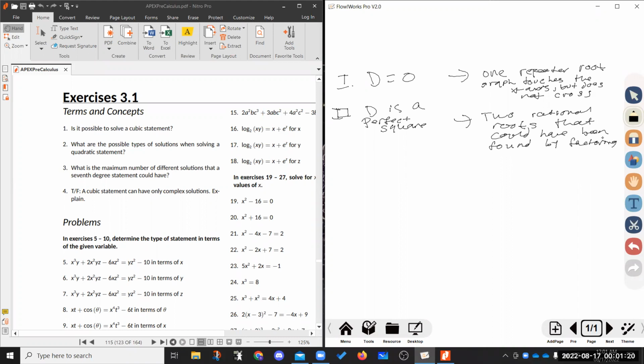And this is going to give us 2 distinct rational x-intercepts that the graph will cross through.